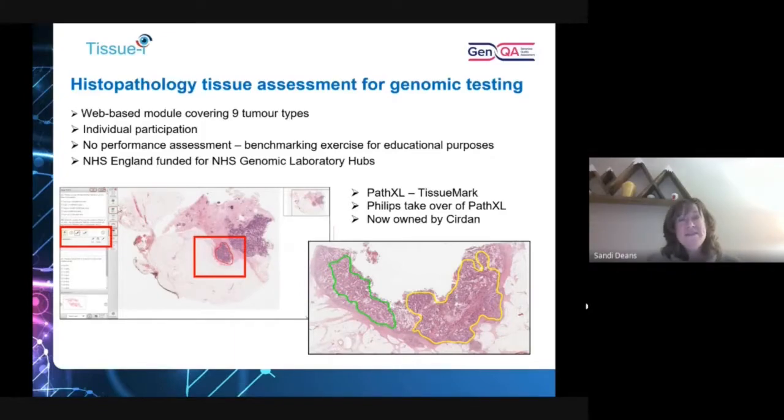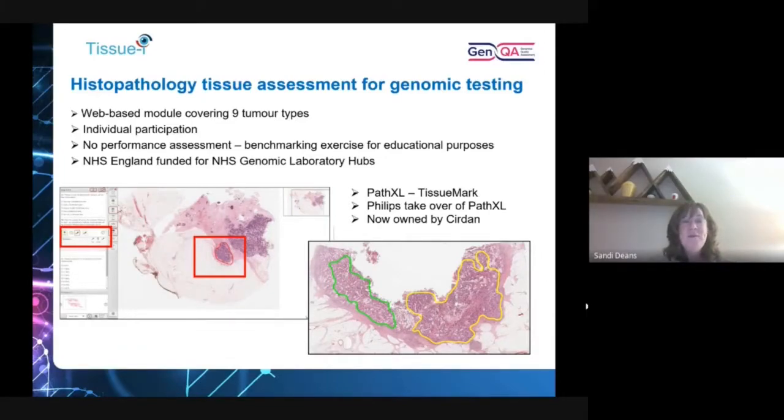We set the system up in collaboration with PathXL because they had their TissueMark tumour assessment module, which helped us determine the actual tumour content within the cells in the slides. PathXL was then taken over by Philips, and it's now owned by Ceridan, and we still work very closely with that system.